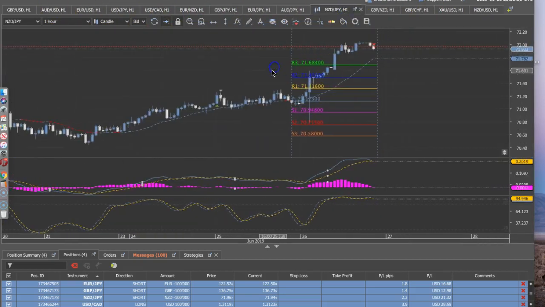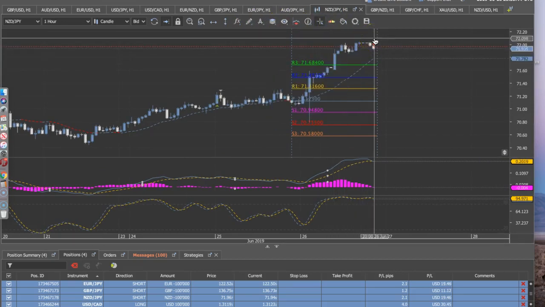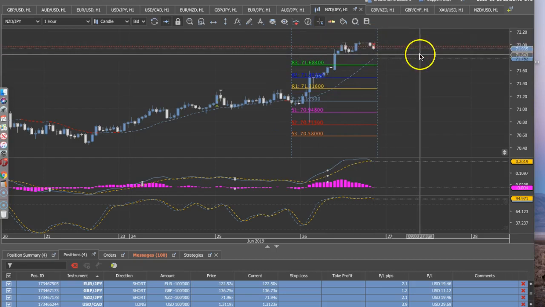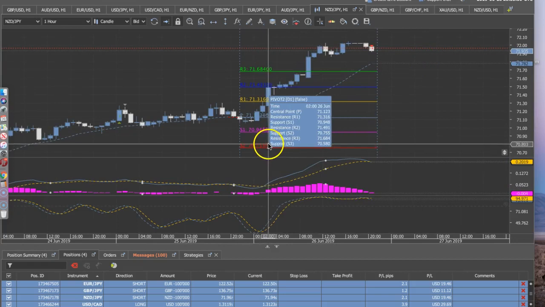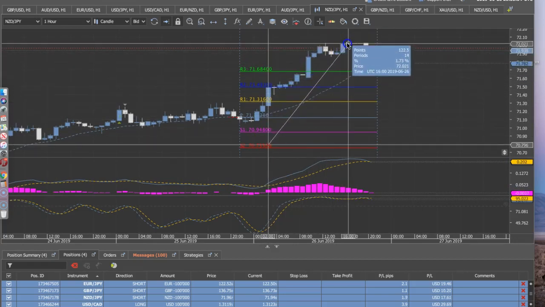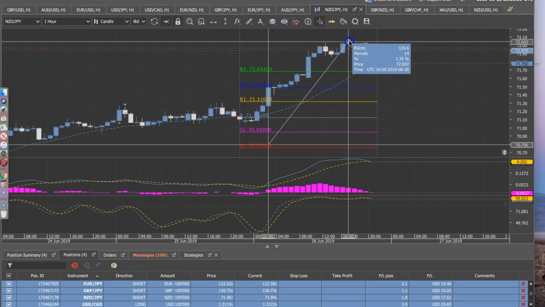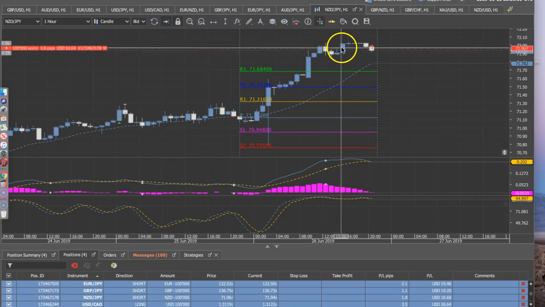Again, I'm looking for short retracement patterns on a 1 hour chart using the color change system. The market went from all the way down there at 70, 79 to 72, 124 pips, which has exceeded its daily range.